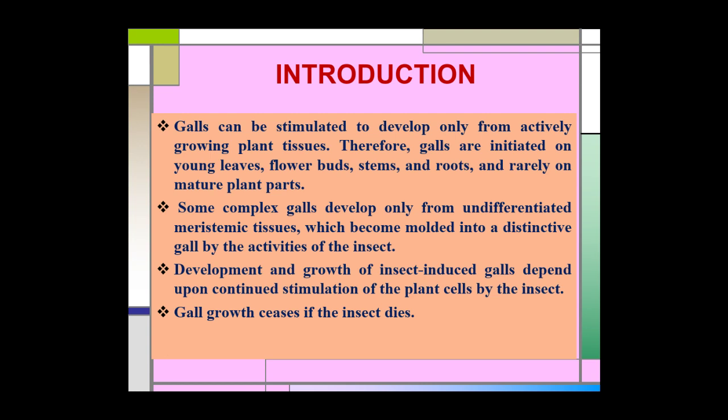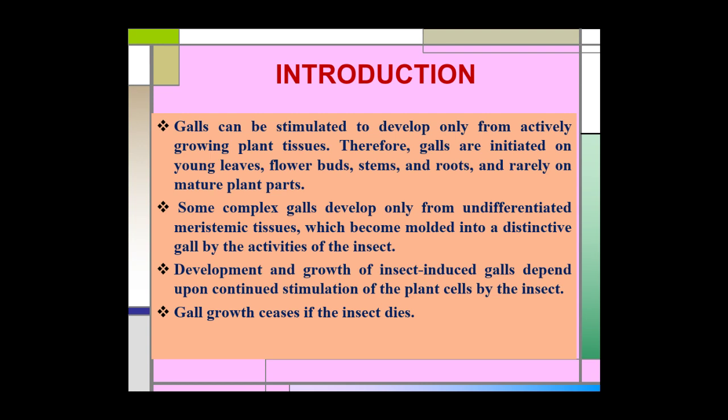Galls can be stimulated to develop only from actively growing plant tissues. Therefore, galls are initiated on young leaves, flower buds, stems, and roots, and rarely are they stimulated on mature plant parts.